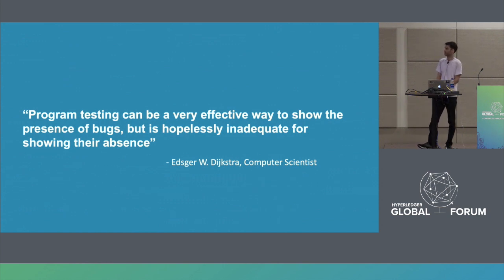This quote is essentially saying, when you're writing tests, you're testing specific instances of a runtime of a function or some piece of software. And you can sequentially eliminate some certain executions of that function to be incorrect, but you can never provably know that there are no bugs in the system. Like he says, you can find the presence of bugs through testing, but you can never show their absence.